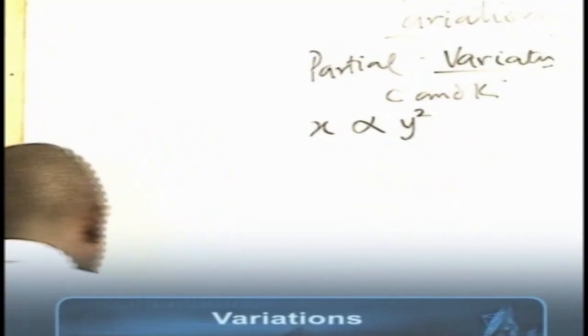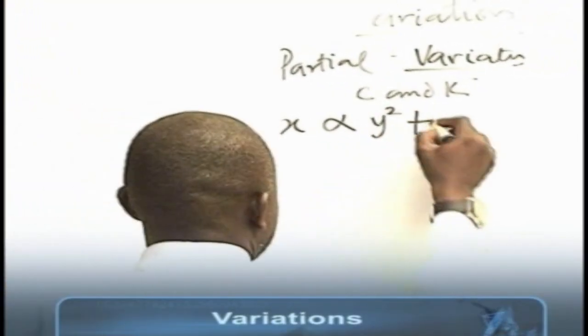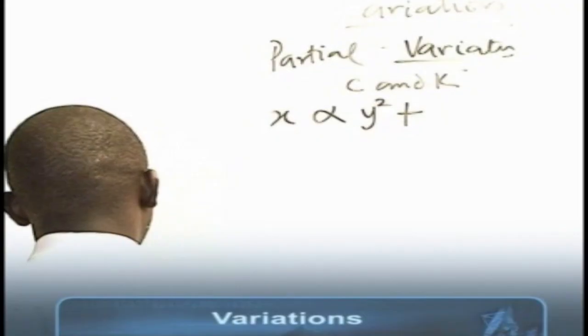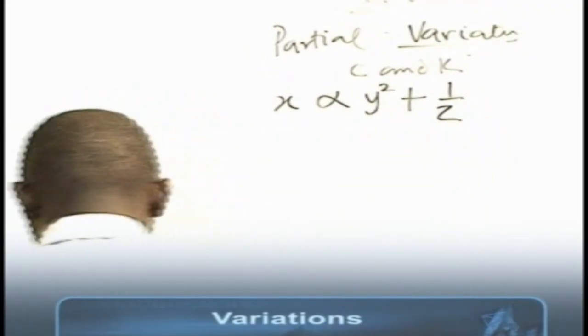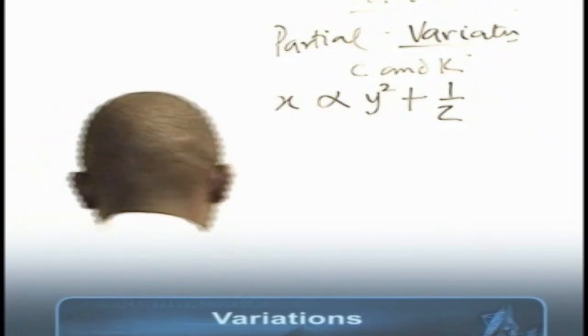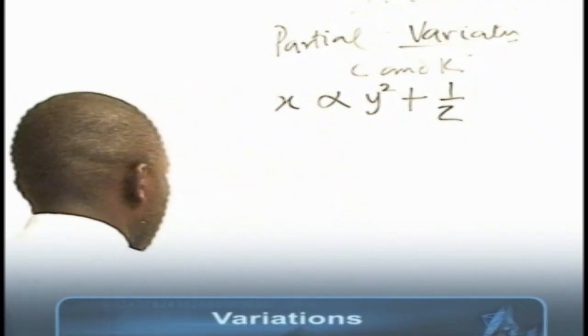X varies partly as y squared and inversely as z. This is the way to represent this kind of question.